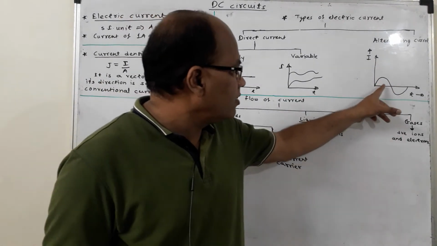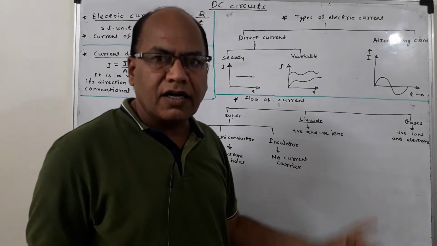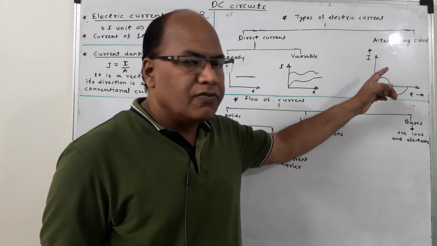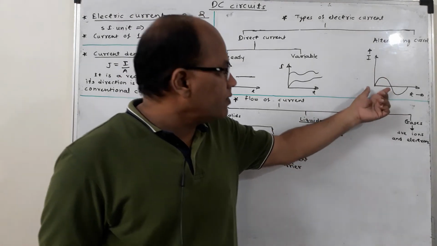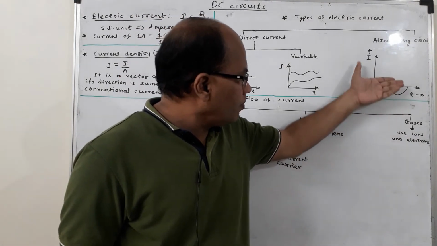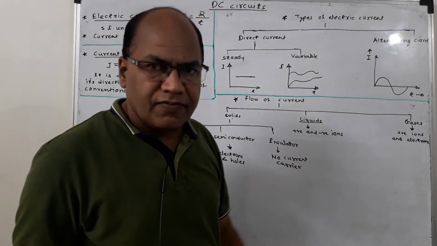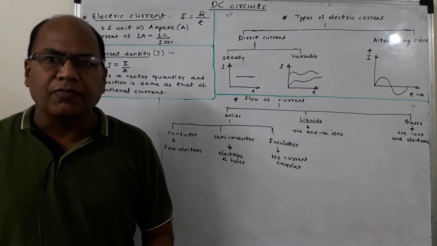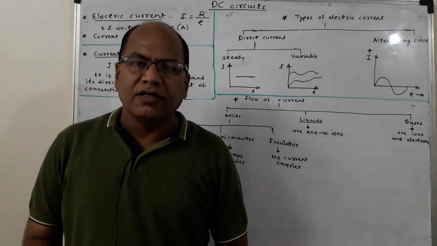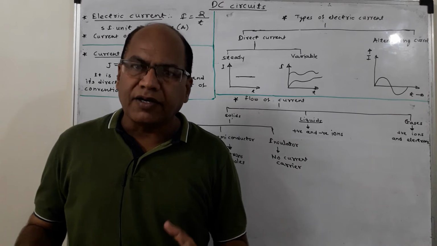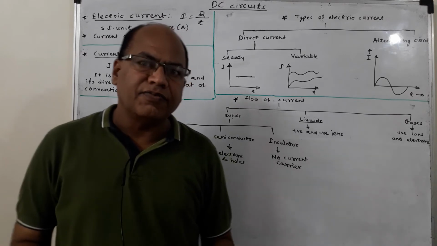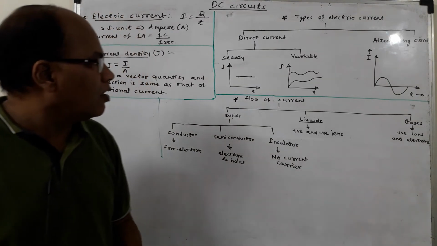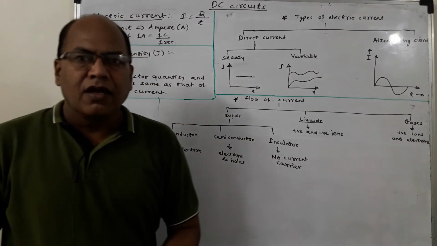You can see that there is a change in the magnitude of the current at every instant, and the polarity of the current reverses periodically. So after some time, the polarity has changed. It is opposite. So in case of alternating current, the polarity gets reversed periodically, whereas the magnitude of the current is a function of the time. So this is how the current can be classified.